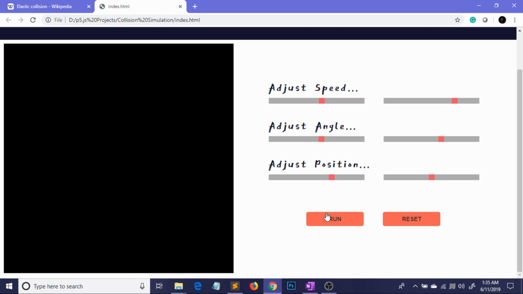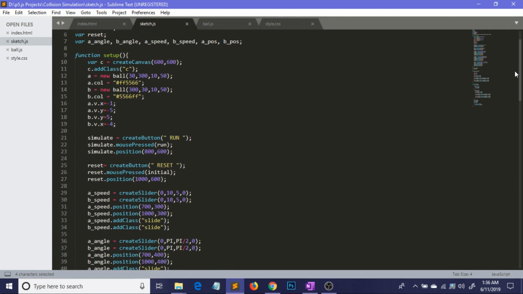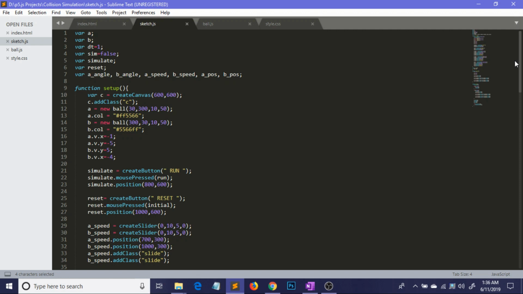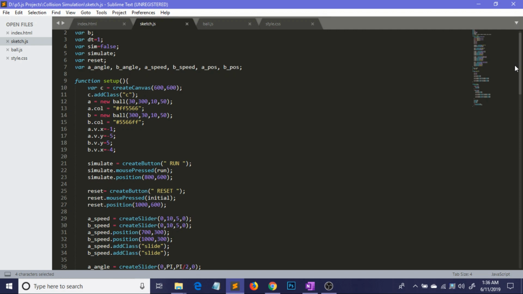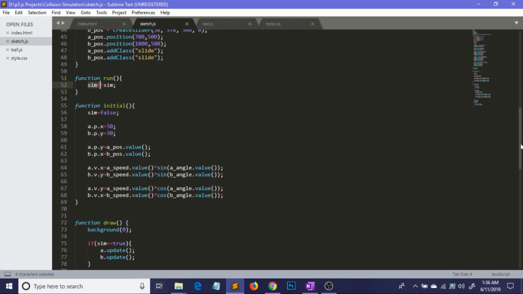So to denote the states, we have used the variable sim, and when sim is false, we assume that it is in steady state, and when sim is true, we assume that it is in simulation state or running state.